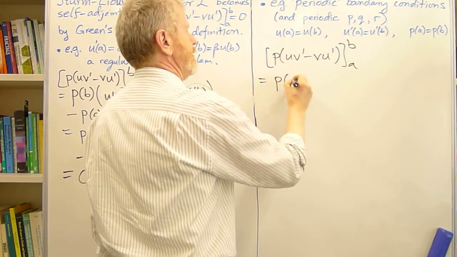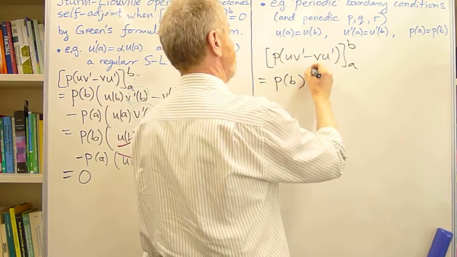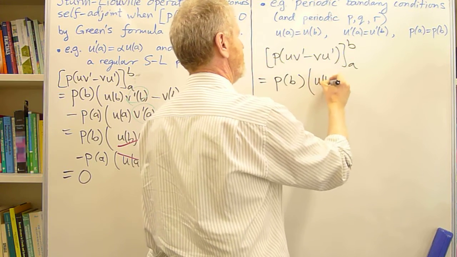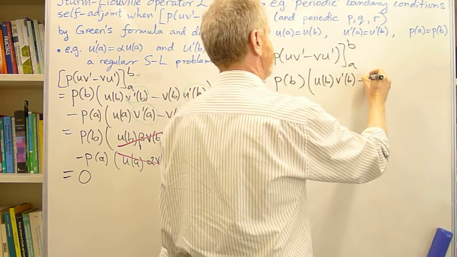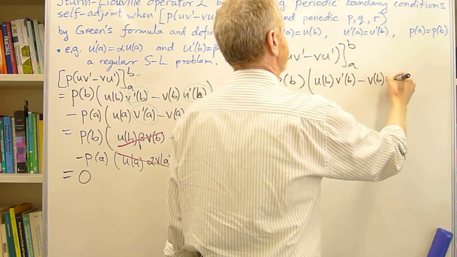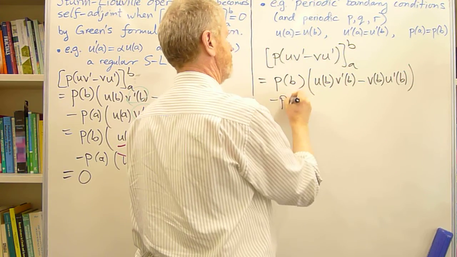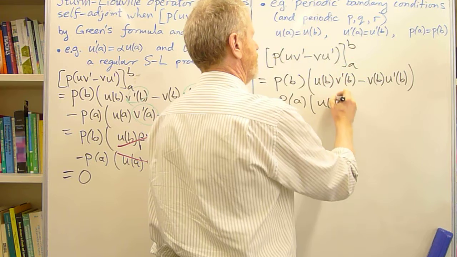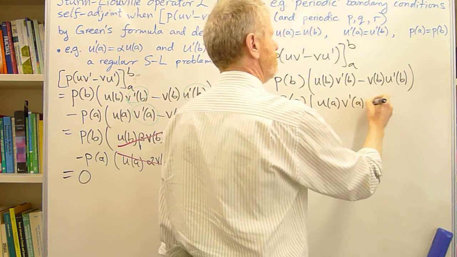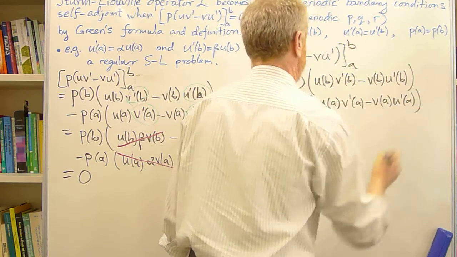It expands out to be exactly the same as what I wrote here: p(b)[u(b)v'(b) - v(b)u'(b)] minus p(a)[u(a)v'(a) - v(a)u'(a)].